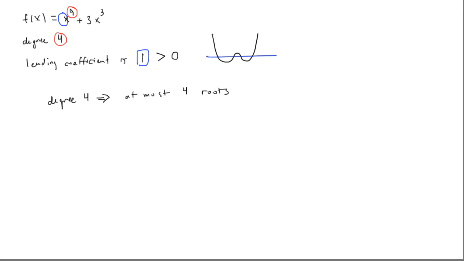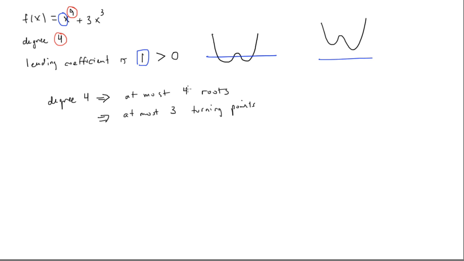Now it is possible for it to cross fewer times, so for example, if I had something like that, then it never crosses. Okay, so the number of roots is at most the degree. Now the other thing that it tells me is that it can have at most 3 turning points.